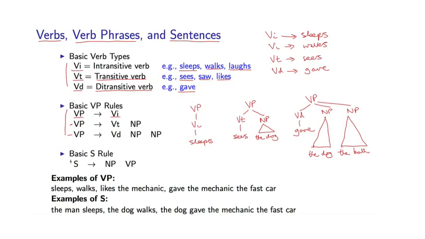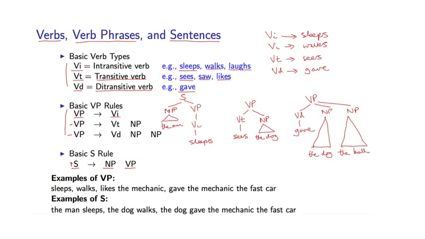The next thing we're going to look at is a rule which can construct a sentence. This rule says that the symbol S, which stands for sentence, can be formed by a noun phrase followed by a verb phrase. So I can use this rule to construct sentences like the man sleeps.